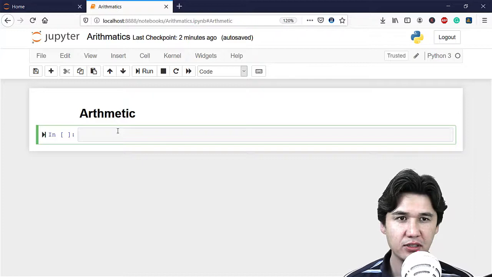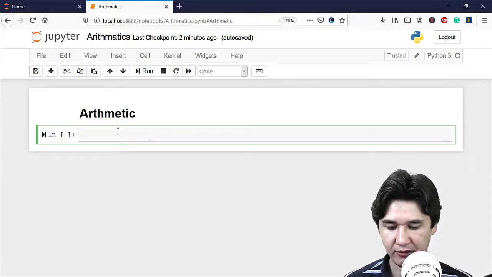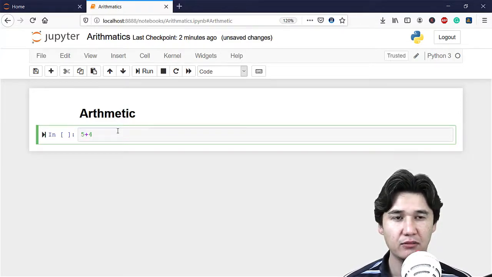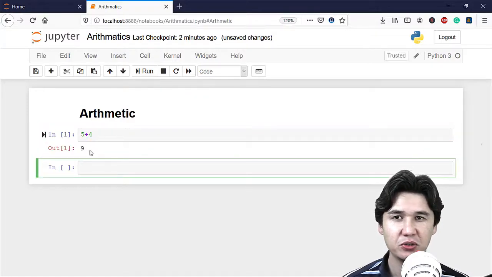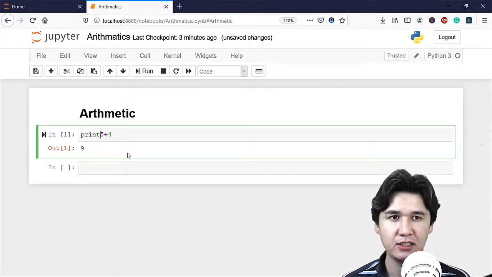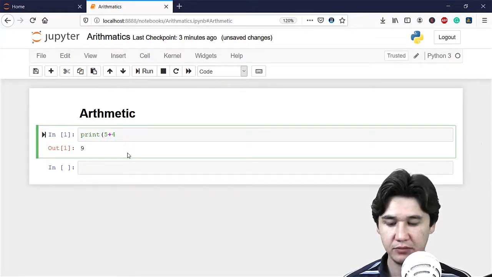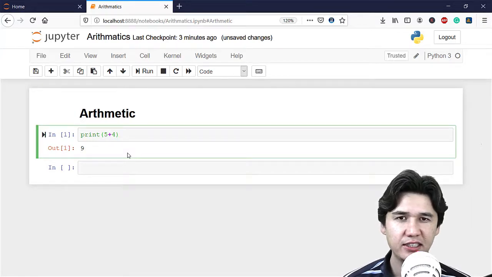For example, I will say 5 plus 2 plus 4, what will be the result? It will just show you 9. Simply you can also write print, and remember that in data types I gave you some information, that we have different data types, but mostly we learned about two basic data types, which were string and integers.